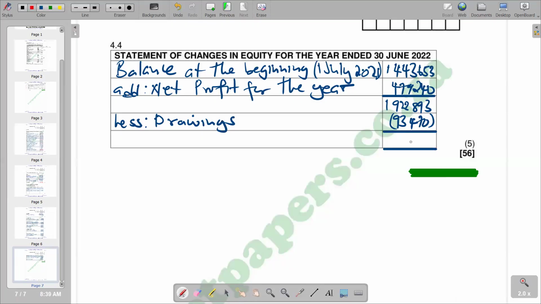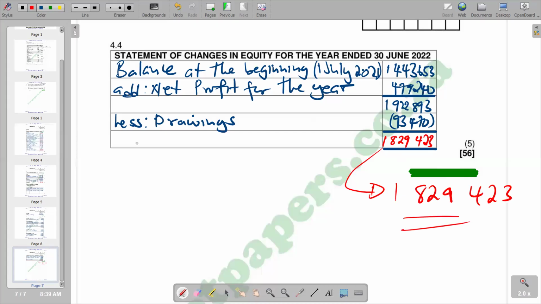Then you say 1,922,893 minus 93,470, and you get your balance of 1,829,423. So this is 30 June 2022. So basically, this becomes the last part of our question.